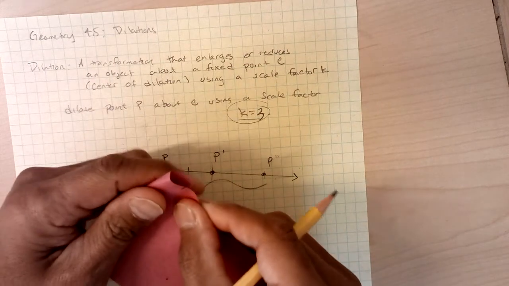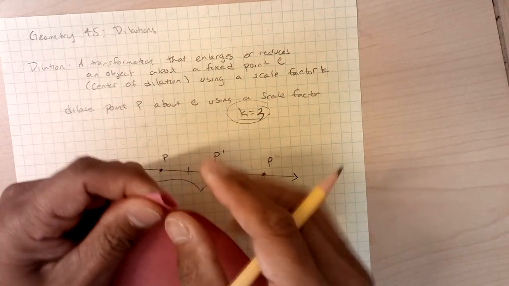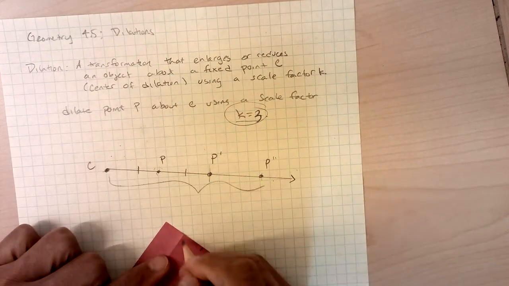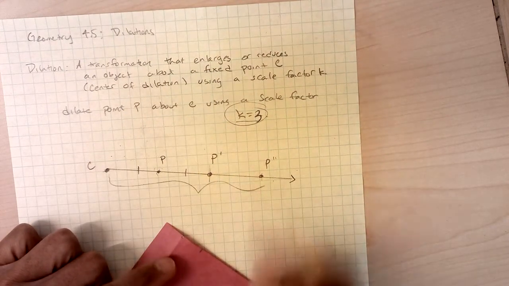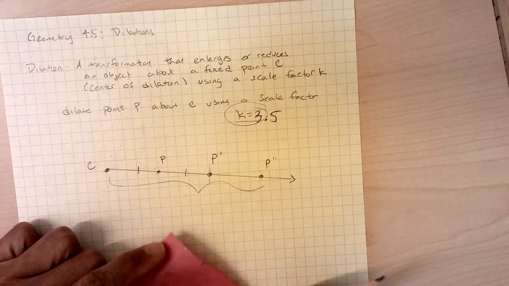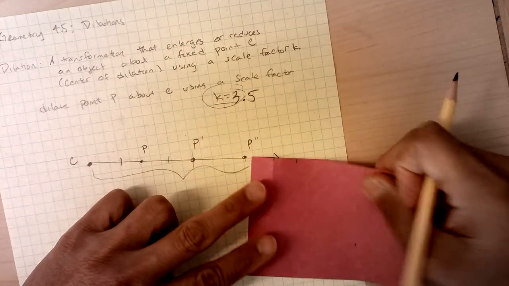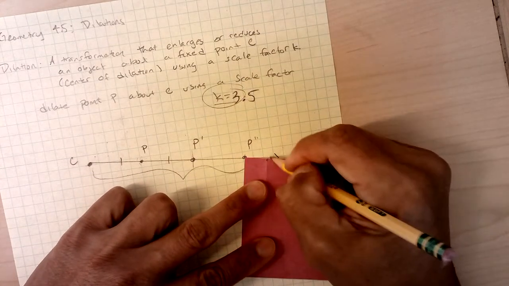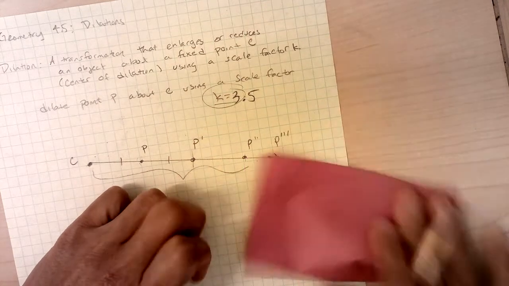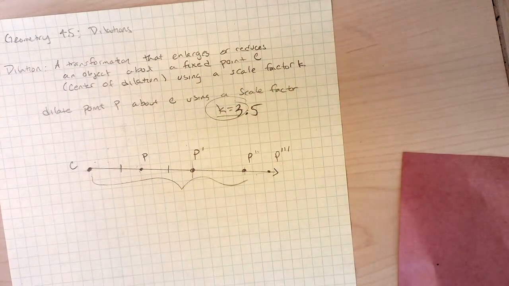You can see what I'm doing, and then make a crease. This is half the length of CP. So if I change it to scale factor of 3.5, then it'll be something like this. P triple prime, that's a scale factor of 3.5.